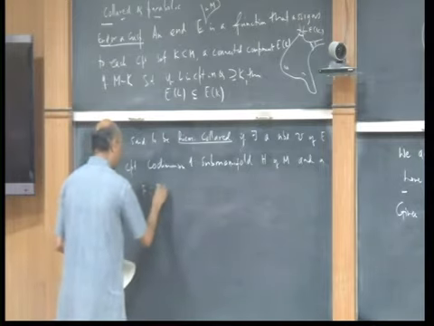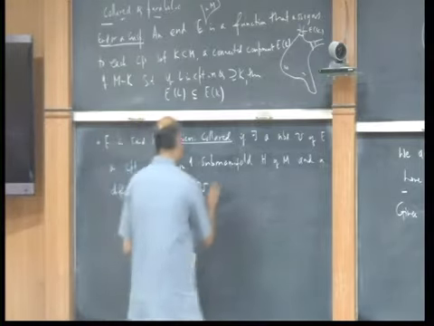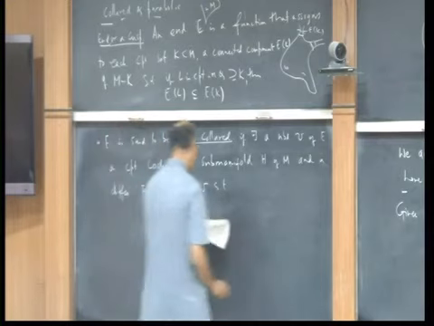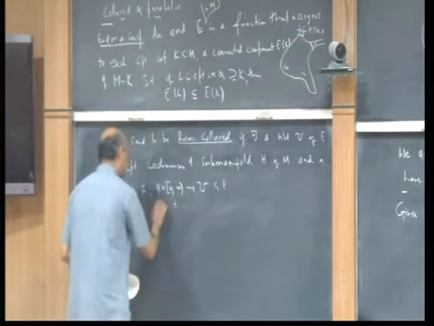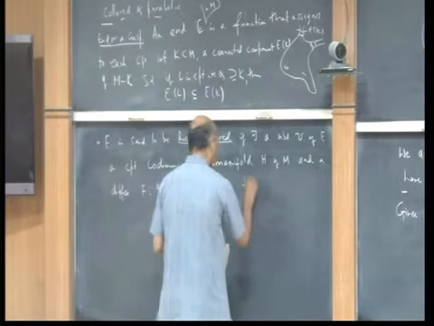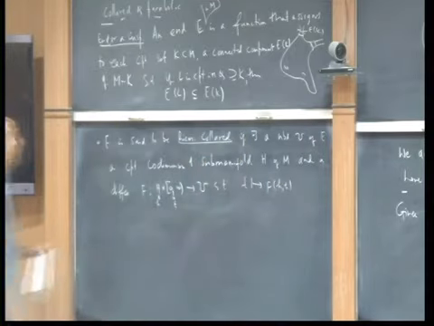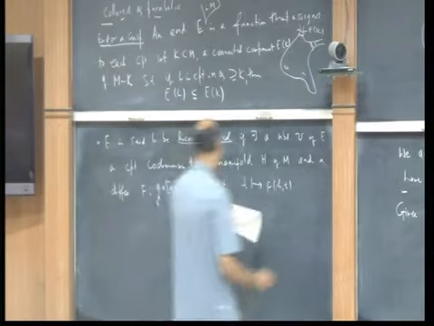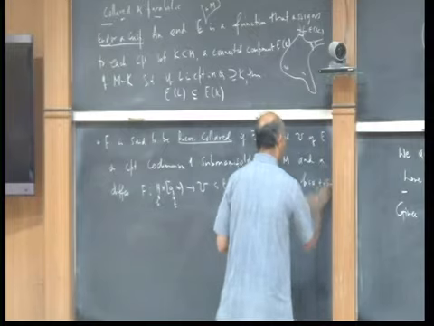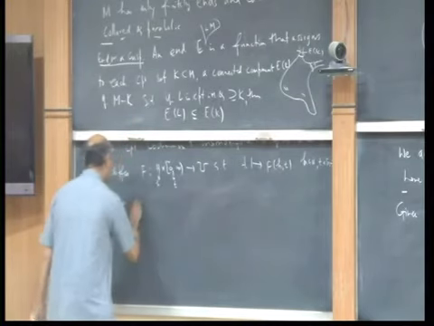A diffeomorphism F from H cross the half real line to this neighborhood, such that if I write T for the parameter here, and h for the point in H, then when I look at T going to F of h comma T, that's a curve, and these curves are unit speed geodesics.